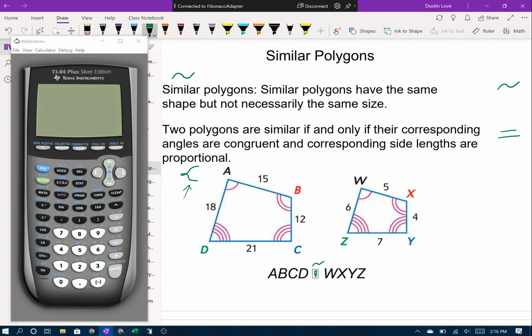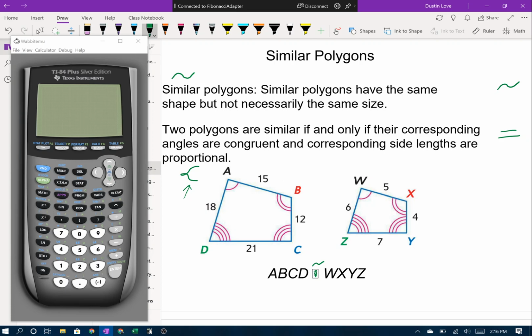Also, looking at my sides there, AB, position 1 and 2, if I make a ratio of AB to XY, notice they're not equal, but they are proportional. They form a ratio.